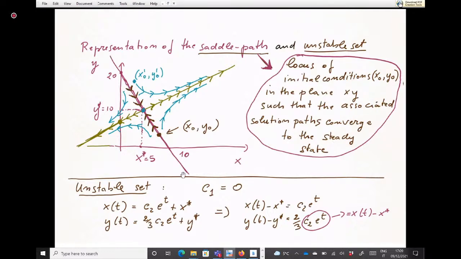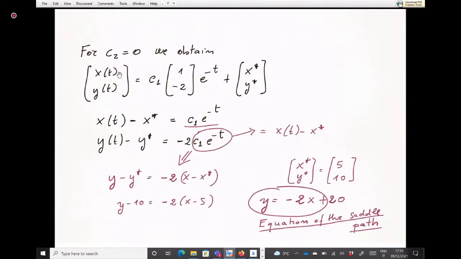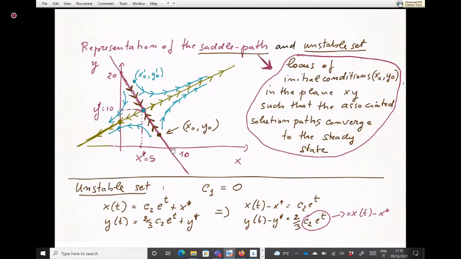The red one is a straight line of equation y is equal to 20 minus 2x, that is, minus 2x plus 20. So the red straight line is the saddle path, okay? If you start at any point along the saddle path, the behavior will be that of convergence to the steady state.